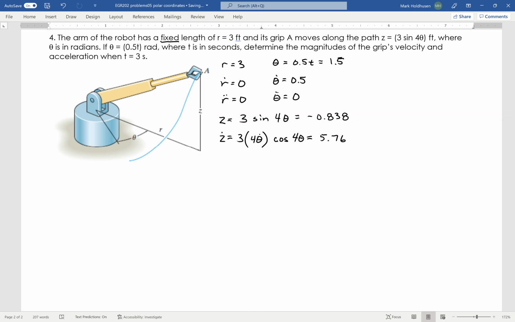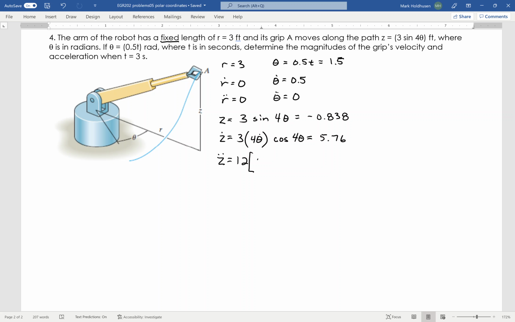Now I need to do z double dot. So I'm going to take that 12 theta dot times the cosine of 4 theta. So I'm going to pull the 12 out. That's constant. That's going to show up everywhere. But then what I've got is theta dot cosine 4 theta. Now I've got thetas in 2 places, so I kind of have to take the derivative of the first times the second plus the first times the derivative of the second. That's the product rule or whatever they call that, right?